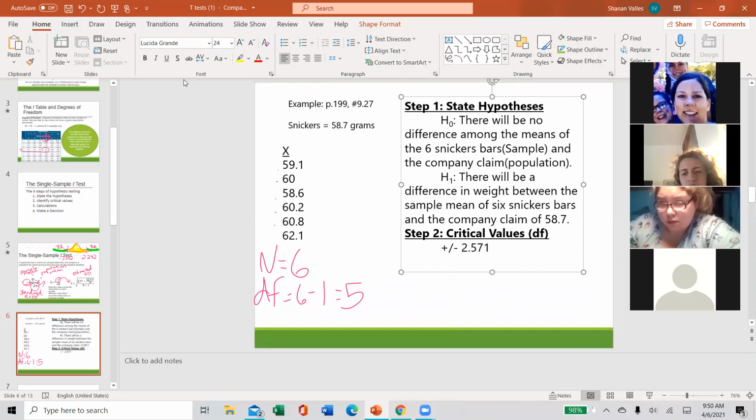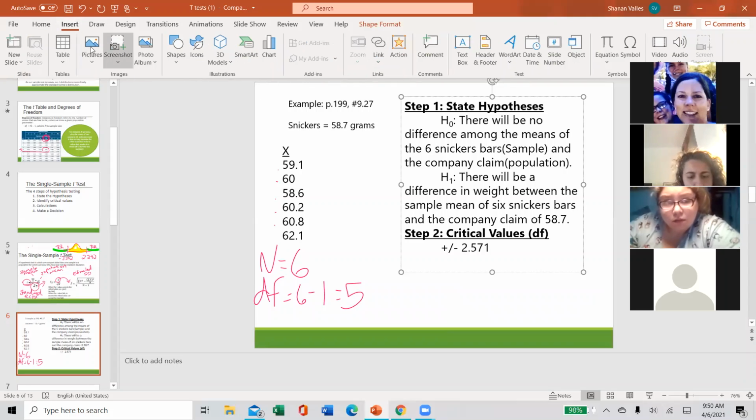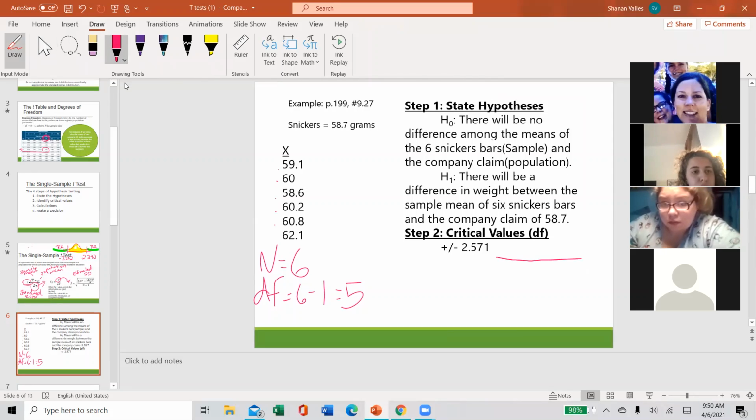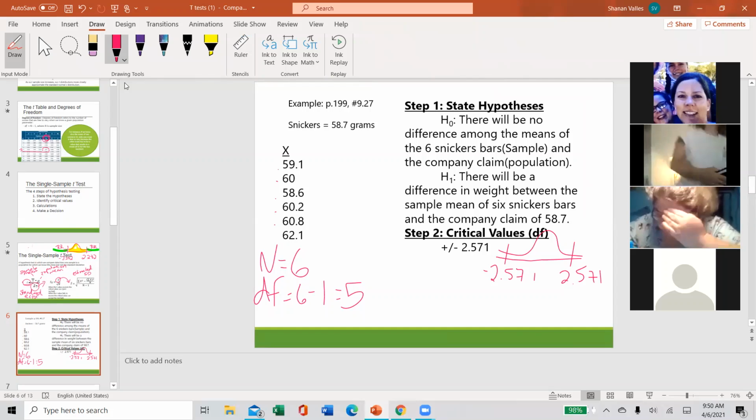Just in case we're wondering what that means: when we have to make a decision at the end, we're going to use those critical values of negative 2.571 right here and 2.571 on the positive end to see where our t-value hits. Is it going to find its way into the rejection region or is it not?